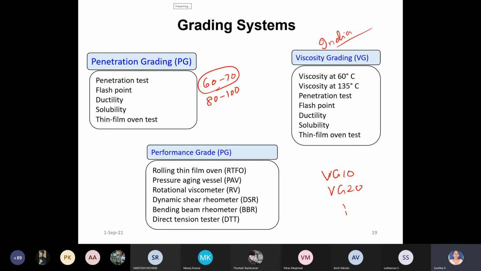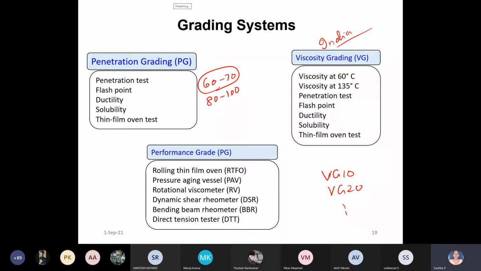So that can be formulated in performance grading bitumen. For that you need some more sophisticated equipment: rolling thin film oven, pressure aging vessel, rotational viscometer, dynamic shear rheometer, bending beam rheometer, direct tension tester.